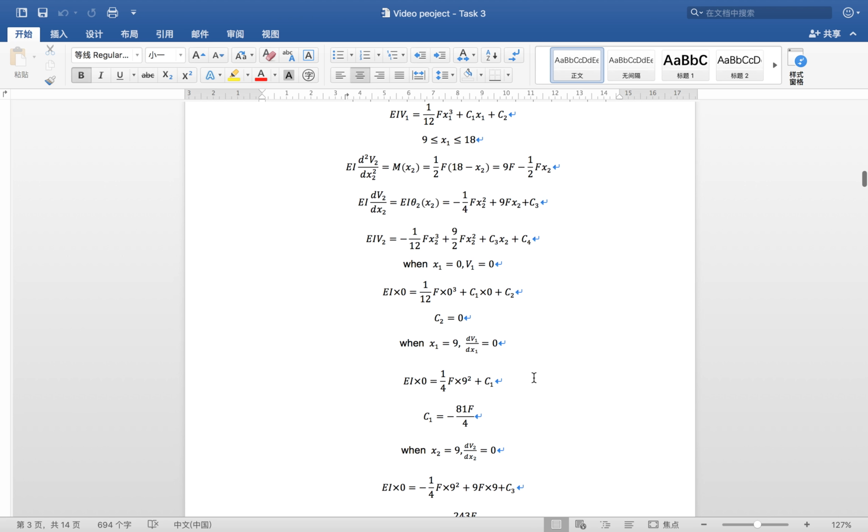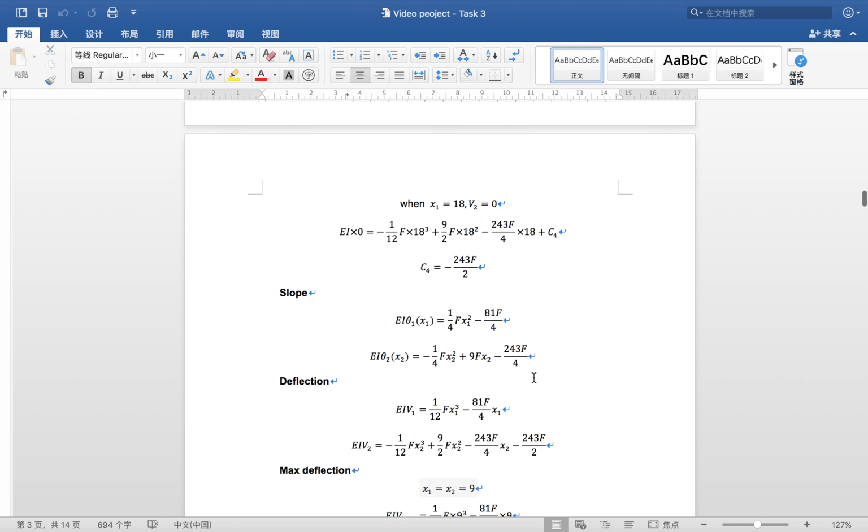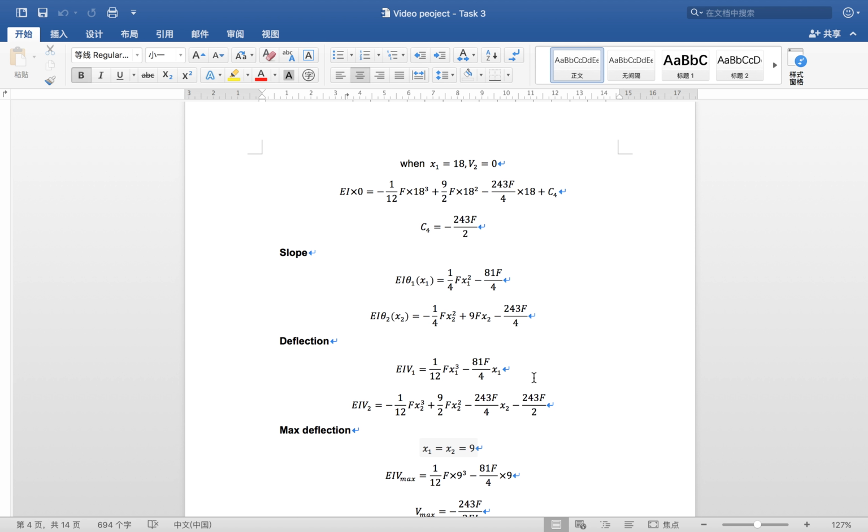For the steps, find C1, C2, C3, C4, and finally we get the slope equation and deflection equation. Here I just use letters in the equations to show them. I think it's clearer than numbers.